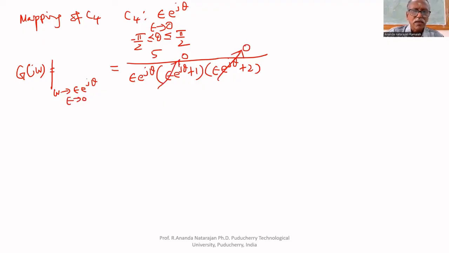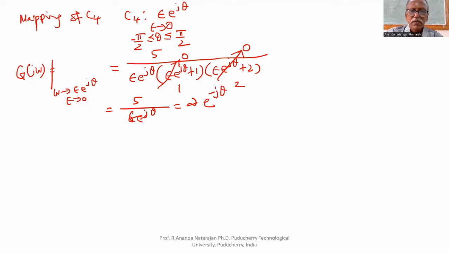The only 1 by 0 remains, this becomes 1, this becomes 2. Therefore, 5 upon 0 e power j theta, or 5 by epsilon equal to infinity e power minus j theta.